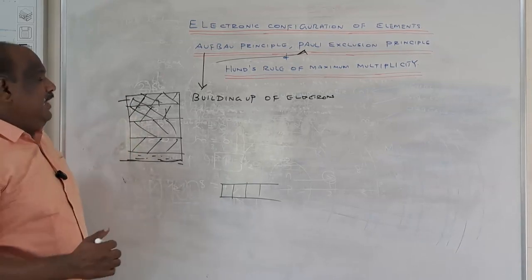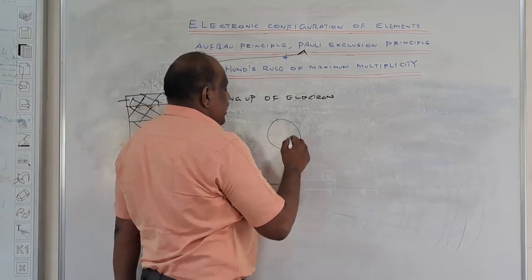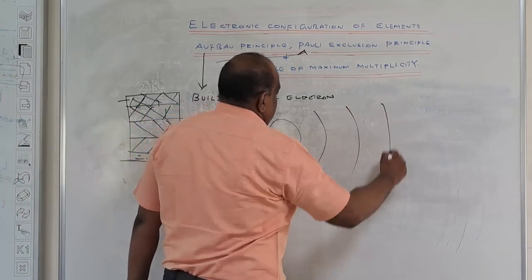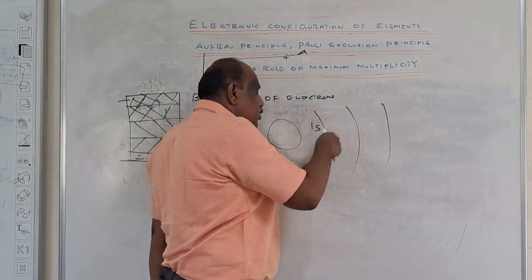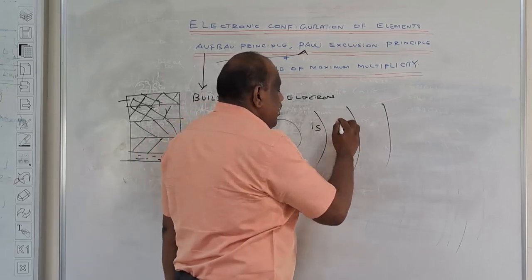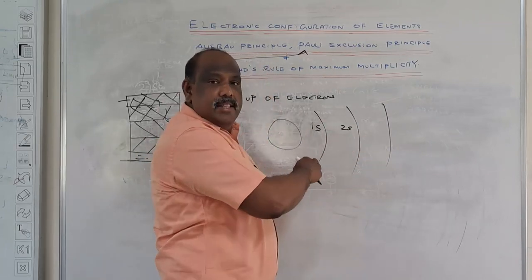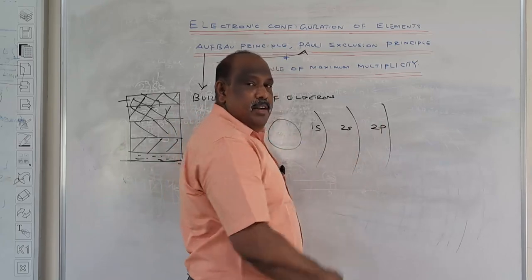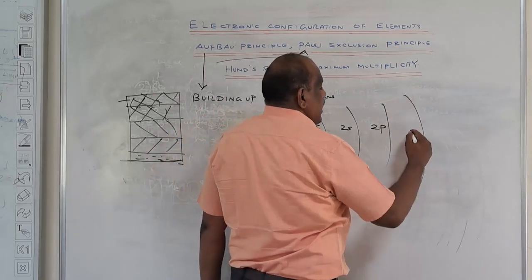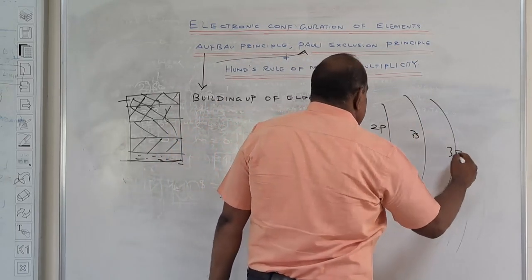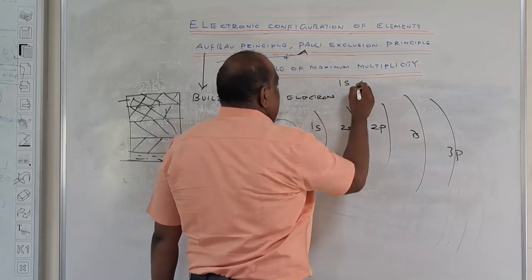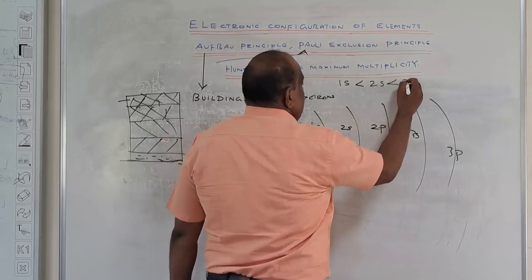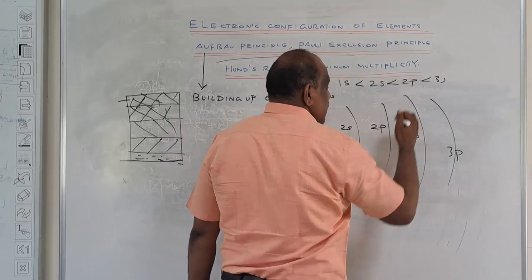Similarly, once I fill the electrons, first the 1s energy level will have lower energy, the 2s energy level will have higher energy compared to 1s. Then will come 2p. Then will come what? 3s, 3p. So we can see that 1s has lower energy compared to 2s, compared to 2p, compared to 3s.